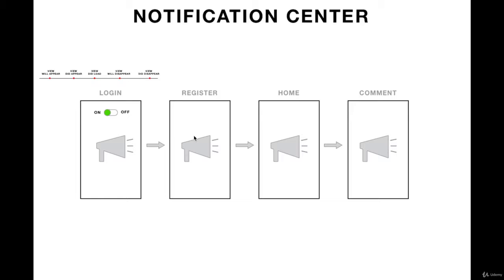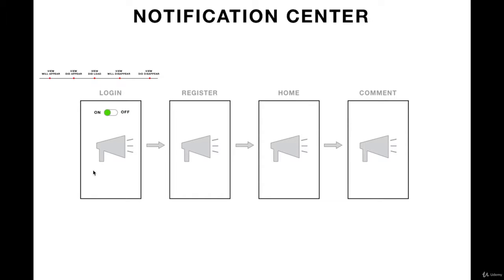Let's see, we have 4 or 5 pages: the login view controller, register view controller, home, and comments. When we execute the Notification Center in login view controller, even if we leave and close login view controller and go to register view controller, Notification Center is still in action.